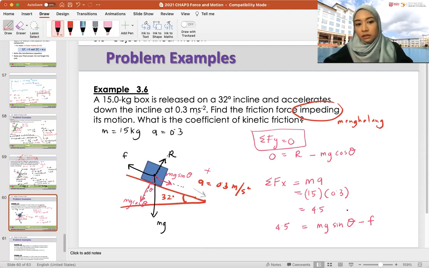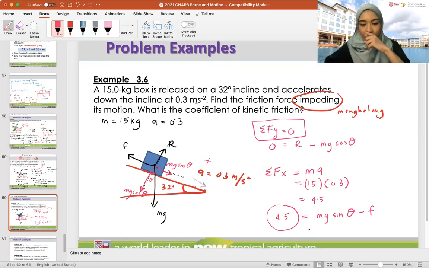What should be in your equation? So mg sine theta minus f. This is equal to the condition of 4.5 Newton because that is the force. So from here we can solve for f. So mg is 15, g is 9.81. Sine theta is sine 32 minus f. This is 4.5.